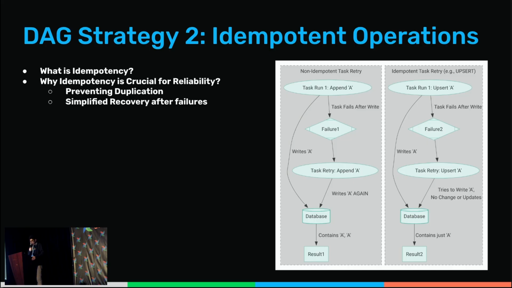So this will make the operation, even if you run it like a million times, only write once. So that makes the operation idempotent, which helps in preventing duplicate steps in the same operation, and also simplifies recovery after those failures.